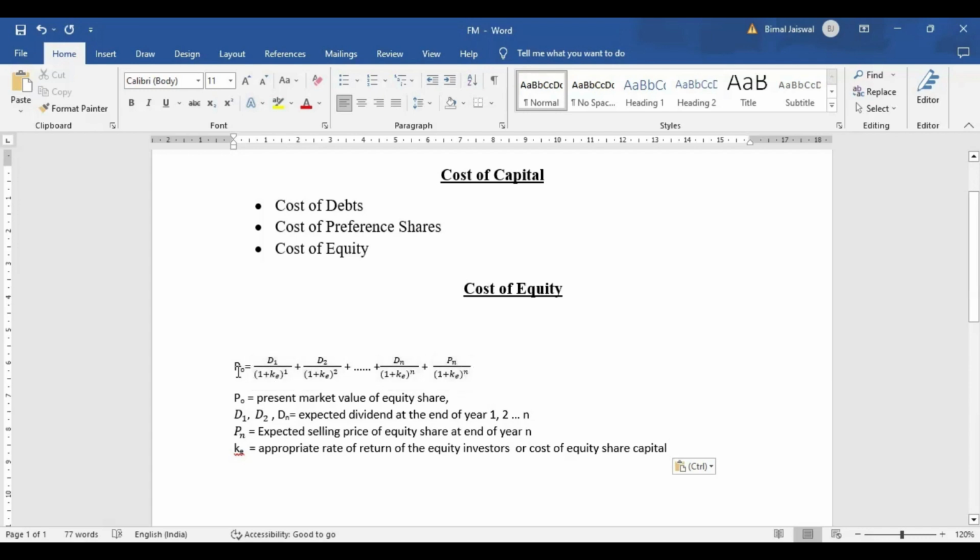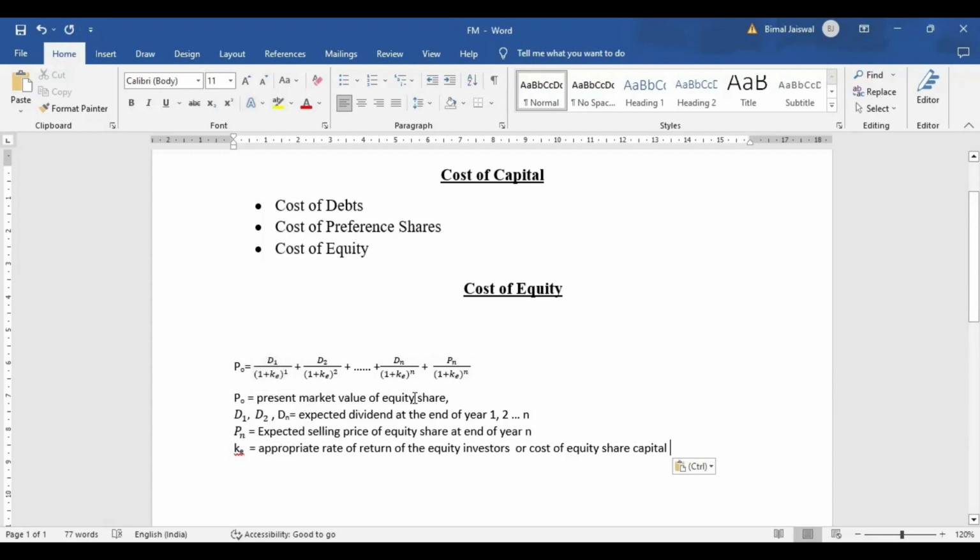P0 is the market value of equity share here. D1, D2, D3 till Dn are the expected amounts of dividend at the end of year 1, 2, and the nth year. KE is basically the rate of return, or as we can call it, the cost of equity share capital. This we have to find out.